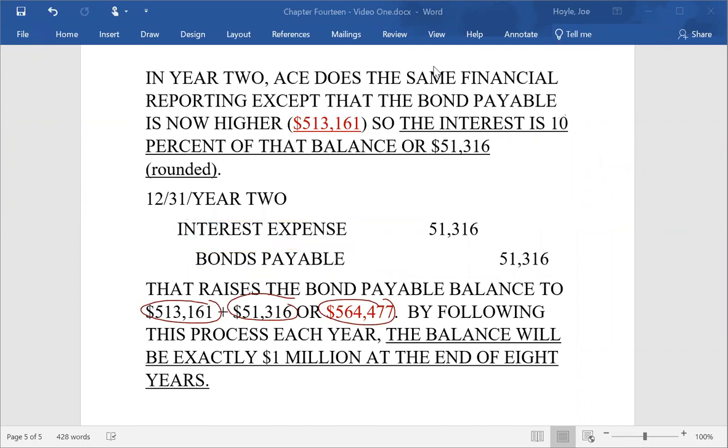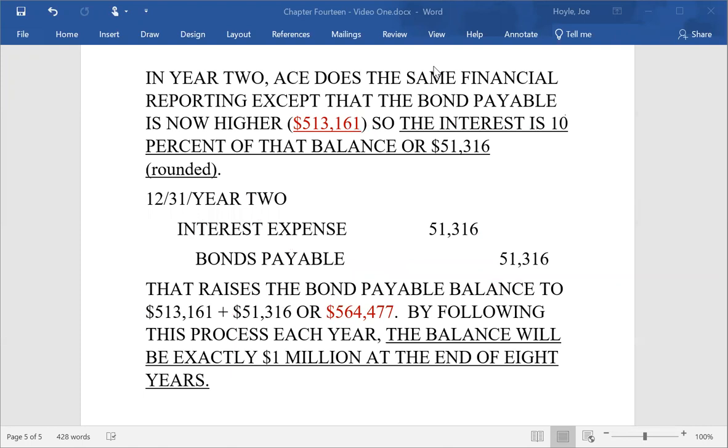If you follow this process, just like we've done for all of the years, at the very end of the 8th year, the bond payable T account balance should be exactly $1 million. And why is that? Well, when you computed the present value, you took the interest out at a 10% rate for 8 years. And then through the compounding, you put the interest back in at a 10% rate for 8 years.